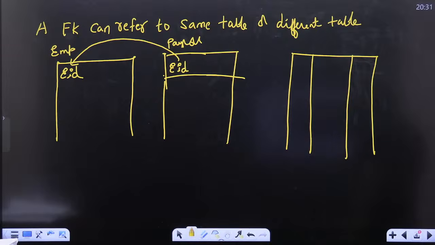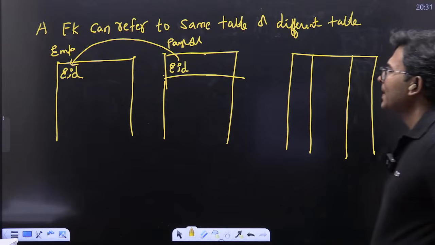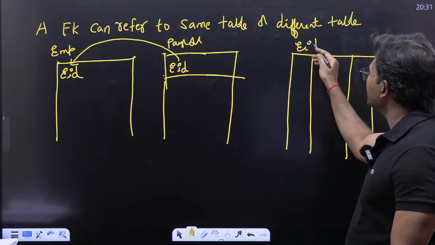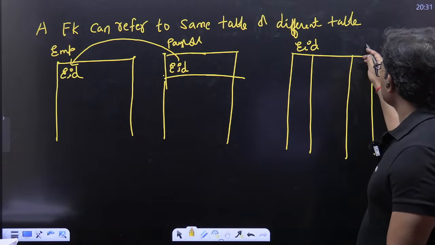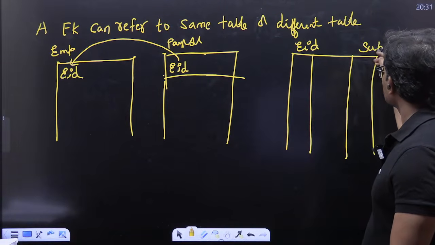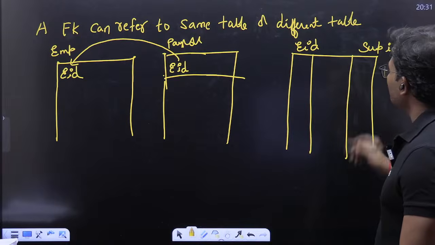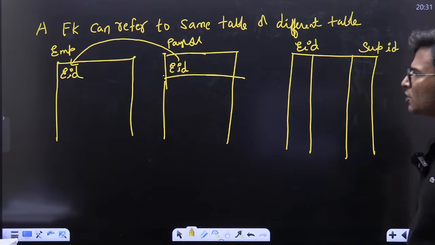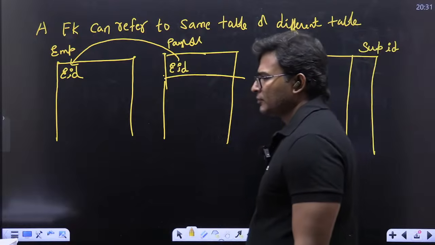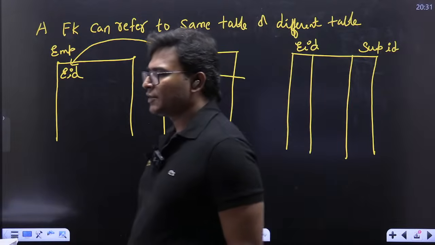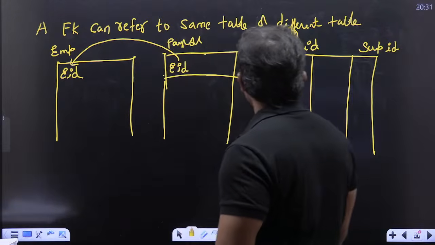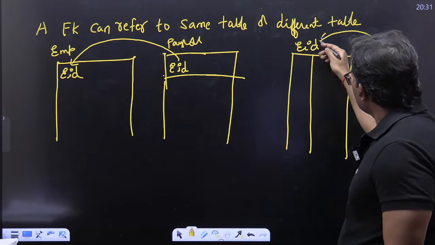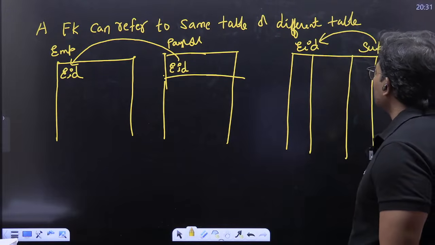Mohan. Cool Mohan. So now let us say there is an employee ID and there is a supervisor also. Now this supervisor will refer to the employee ID.